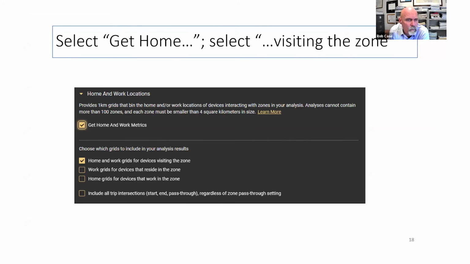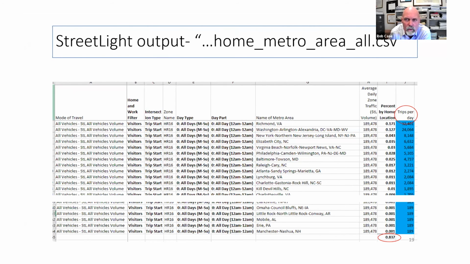So, if you want to get that data, you check the home and work metrics, and then you tell it which ones. And I just got the first one, which is the visitors, so not the residents or the workers, which are the next 2. And then this is what the output looks like. It's called a home metro area file.